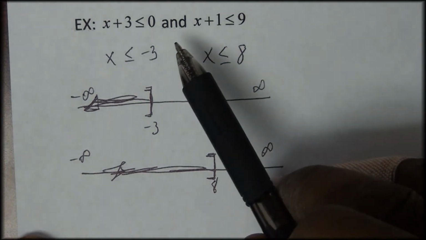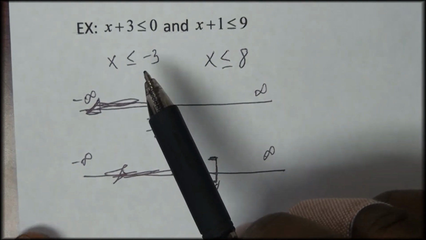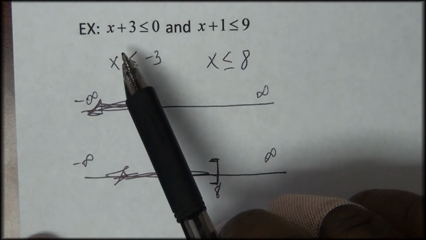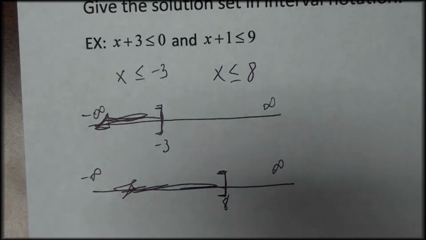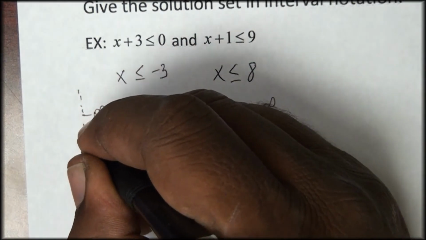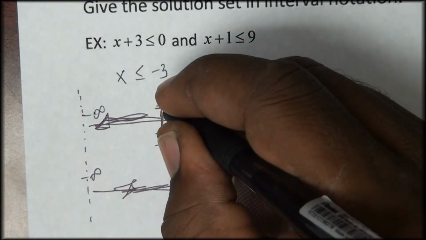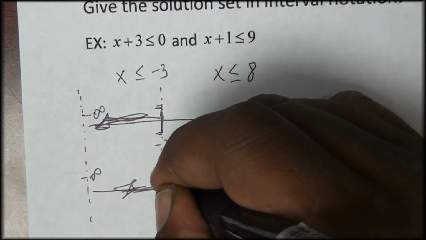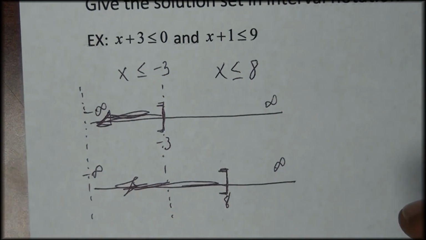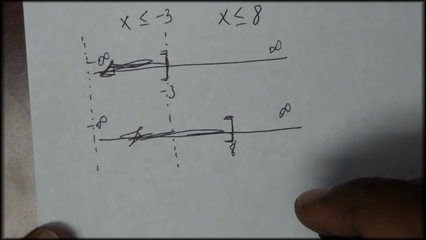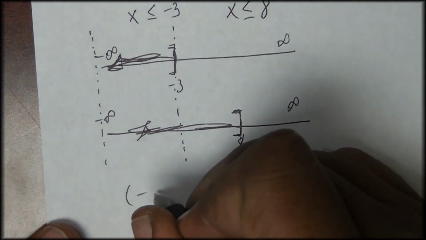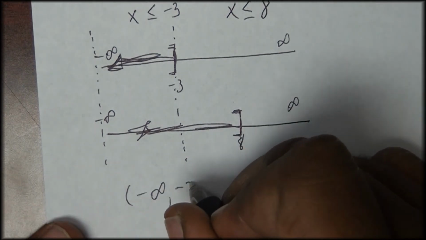Here we ask for the intersection, all of the elements that are in the first set and in the second set. And that appears to happen here toward negative infinity and also here at negative 3. So our solution is the half open interval from negative infinity to negative 3.